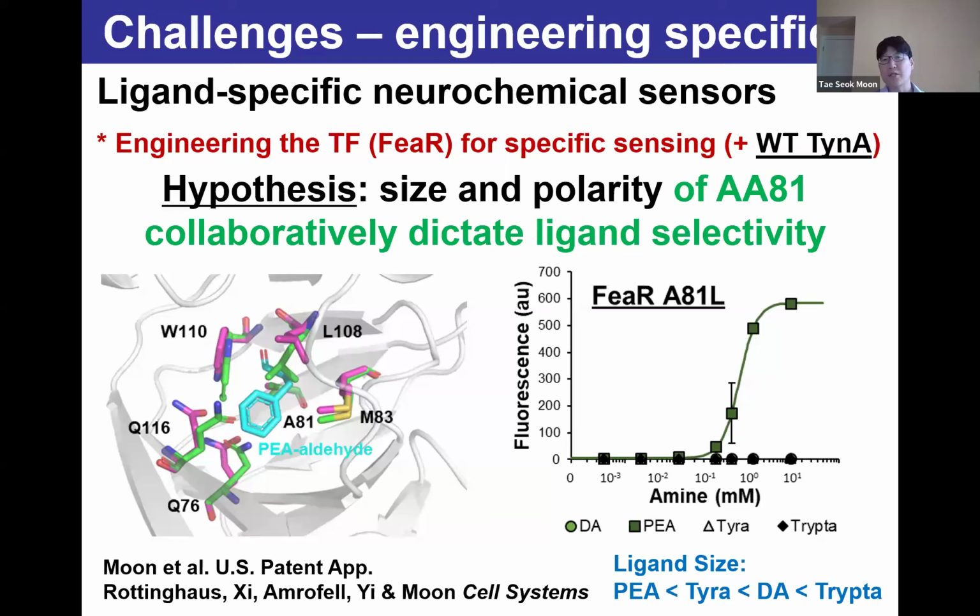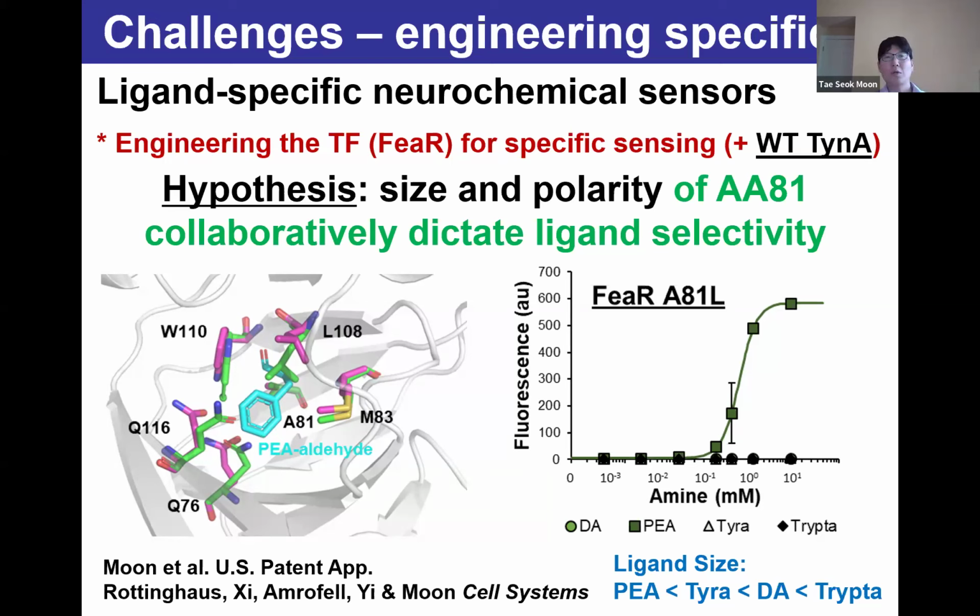At that time we had basically done directed evolution, changing multiple random locations with error-prone PCR-based screening that required 10 to the 7 or 8 different cells, but we suffered from false positives and negatives and kept failing to find a very specific sensor.